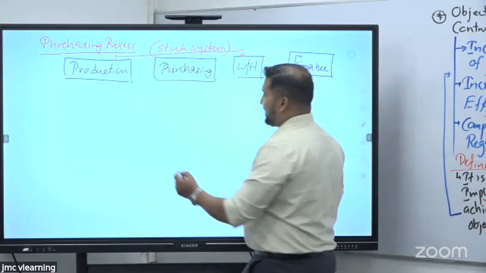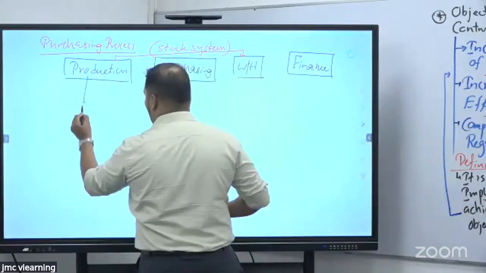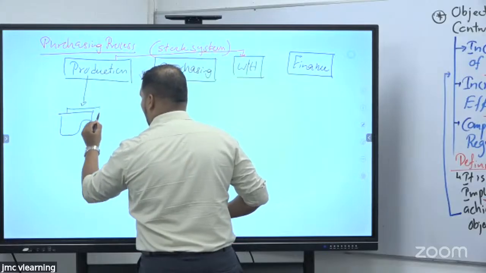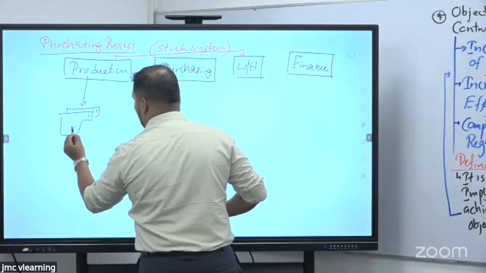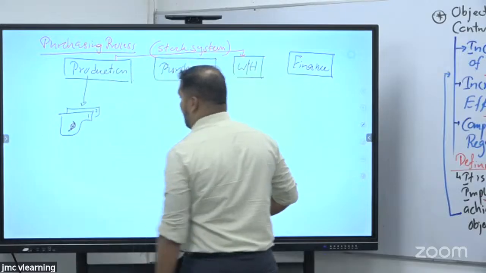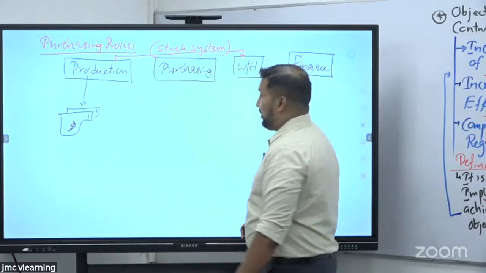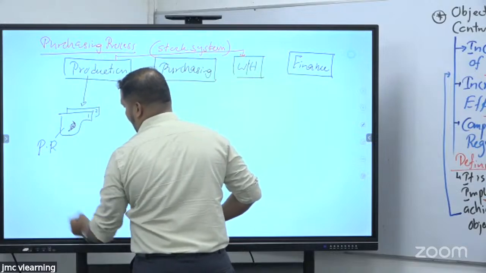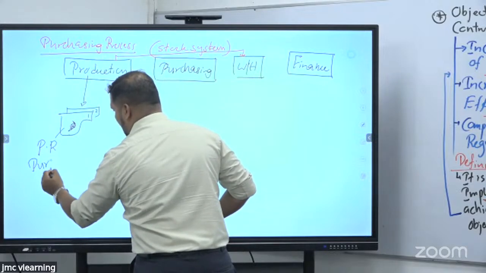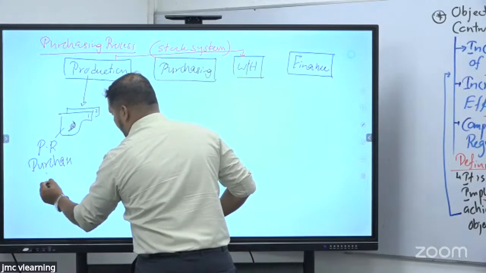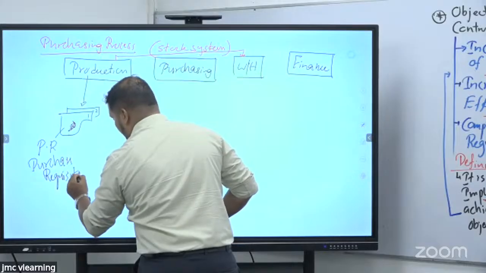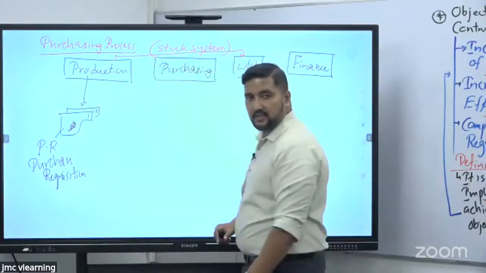In that context, the production department will prepare a document with 2 copies, which has to be approved by the production manager. This document is referred to as a PR, which stands for purchase requisition, which has 2 copies.